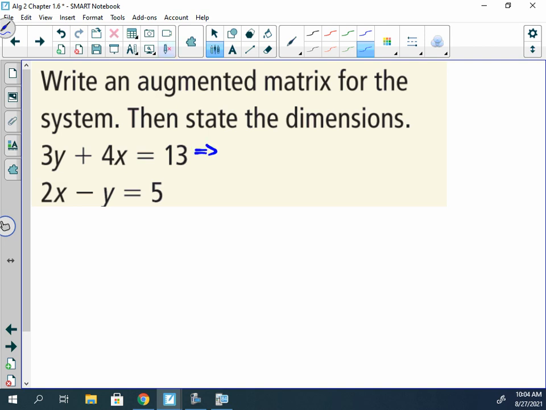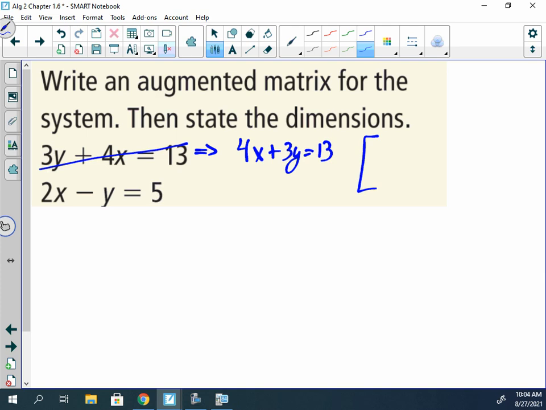Well, if we look at this first equation, we're going to have to change it because they put y first. So we need to switch it. So we can just say 4x plus 3y is equal to 13. So we're not looking at that one anymore. The one on bottom is already set up with x first, then y.